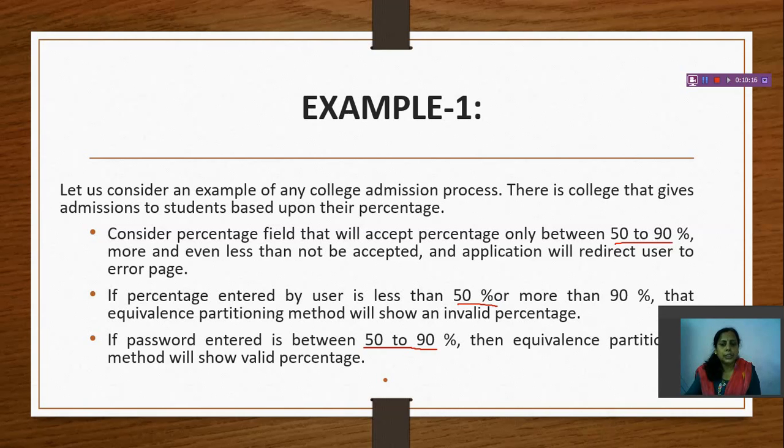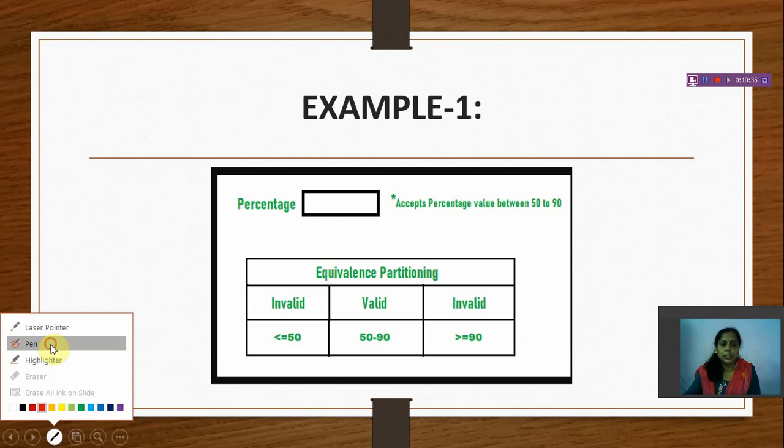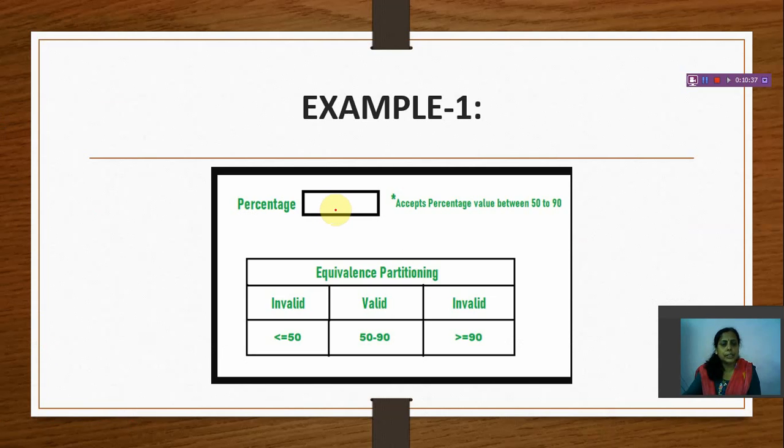And we should design a test case. This is a range condition, range input. So we should design the test case having one valid input and two invalid inputs. So this is the page that accepts the percentage. Here it will accept the percentage, and we design the case having one valid and two invalid.